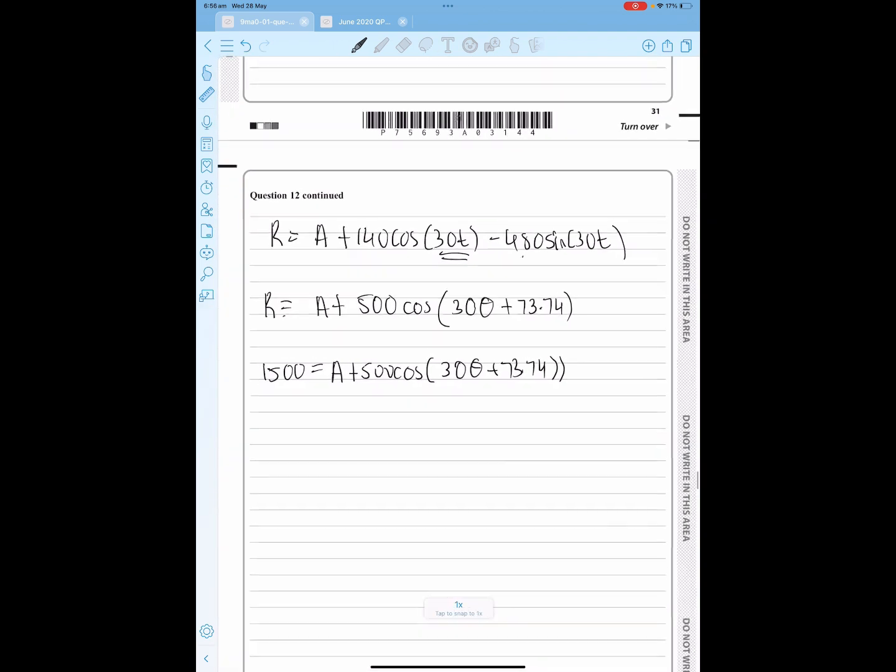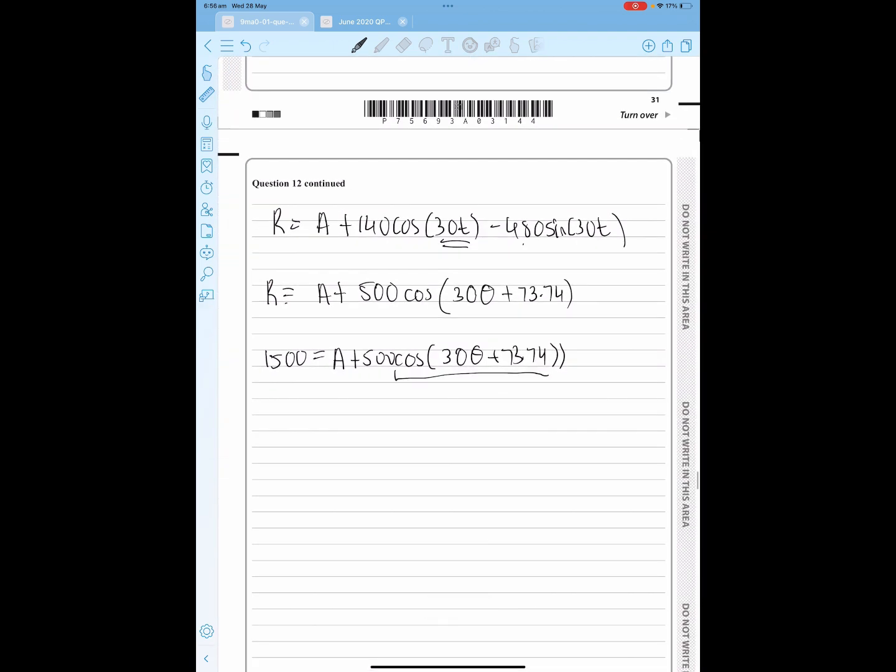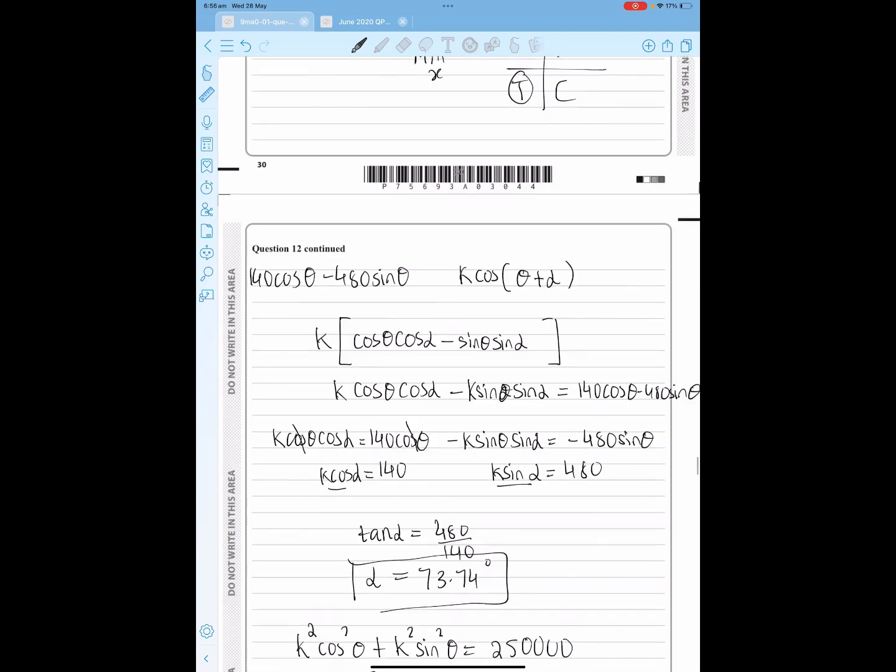And this is the maximum value, meaning cos of this entire thing would be 1, because the maximum of cos is 1. So 1,500 is A plus 500 times 1, A is equal to 1,000. That's part I done, I think.